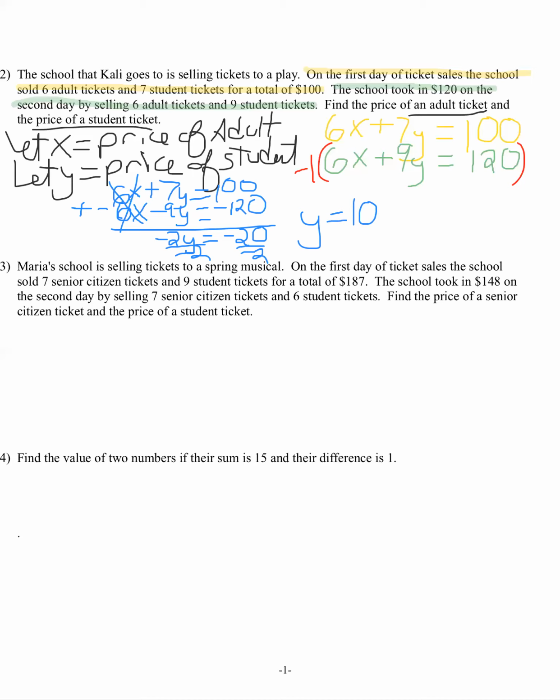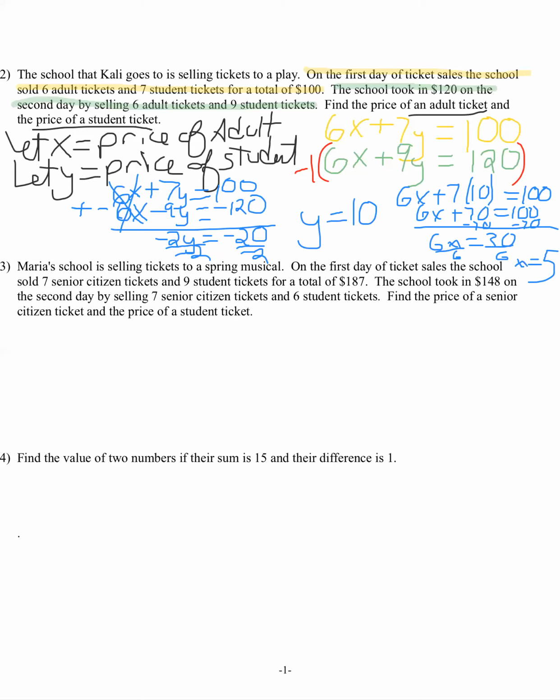So I'll just take the yellow one, so 6x plus 7 times 10 equals 100. So that'll be 6x plus 70 equals 100. I'll subtract 70 from both sides. 6x equals 30. Divide by 6. And that means that x is going to equal 5.